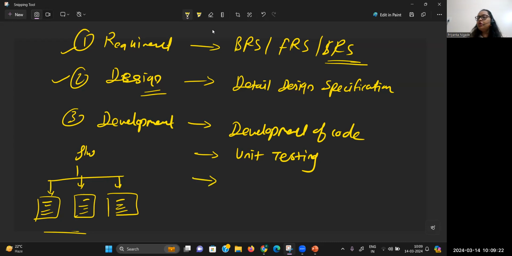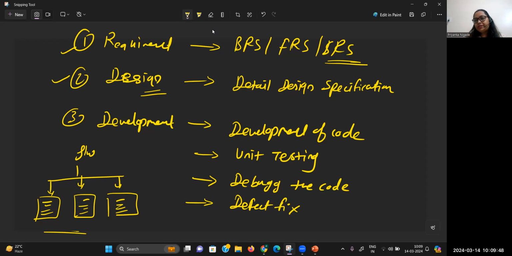The developer is not only responsible for unit testing, the developer can debug the code. So debugging is also the responsibility of a developer. What is debugging? Identify the root cause of the problem and fixing it. That is called debugging. So defect fixing is also done by the developer. Who will fix the defect?